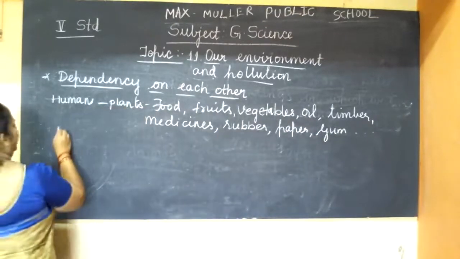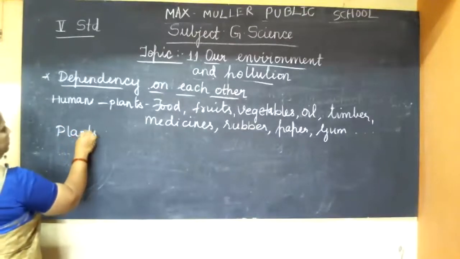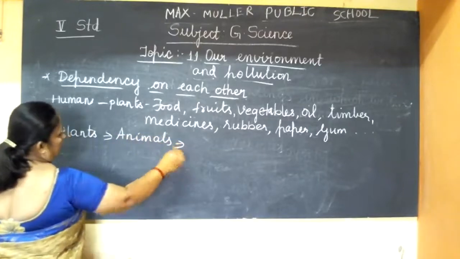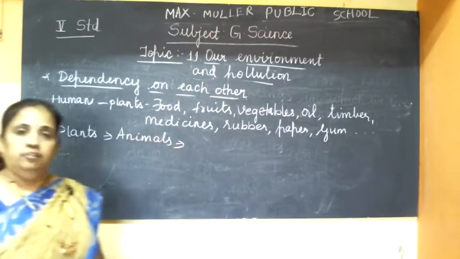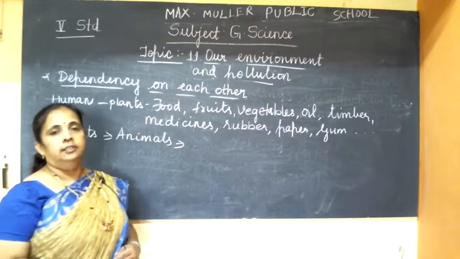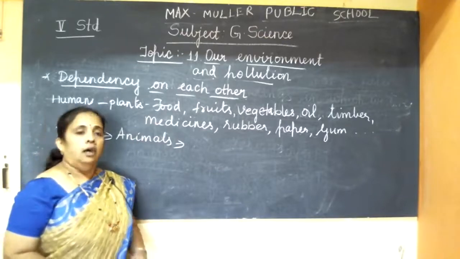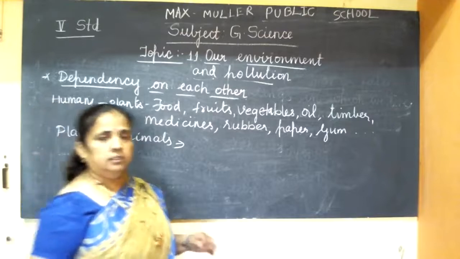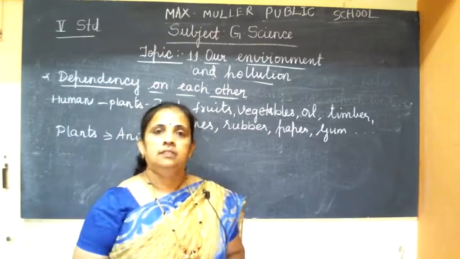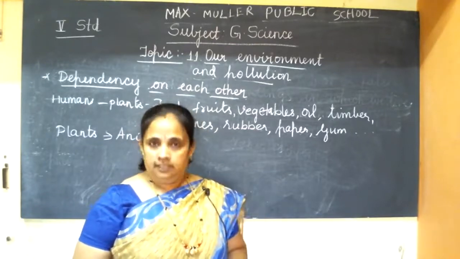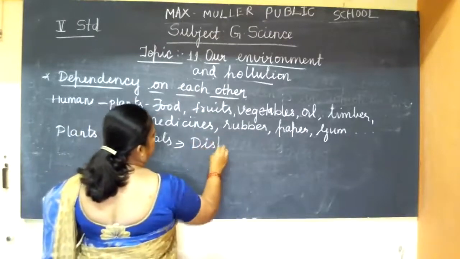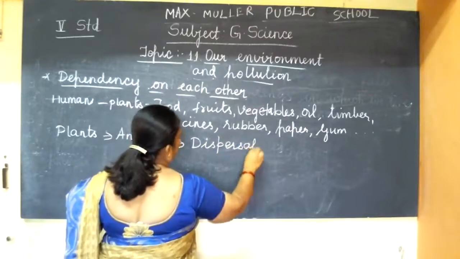Okay. Now how are plants dependent on animals? When I explained the first lesson, I said if seeds are dropped in one place only, it is difficult for all the seeds to grow into a plant, seedling, is it not? So that is why dispersal of seeds is necessary. Seeds should be thrown to far off places so that they get enough space, water, sunlight to grow, is it not? So these plants are dependent on animals for dispersal of seeds.